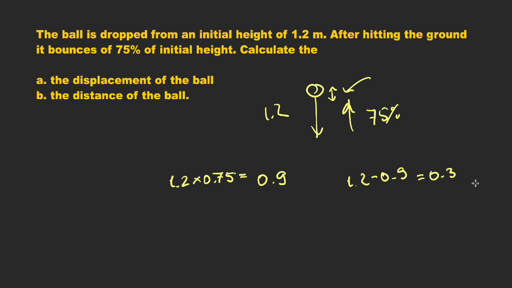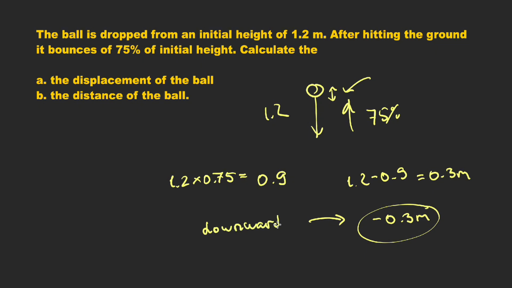We need to also subtract from 1.2. We'll get 0.3 meters. That is actually the wrong answer, because our ball is dropped from the height and displacement should be minus. This indicates that it has been displaced downwards.